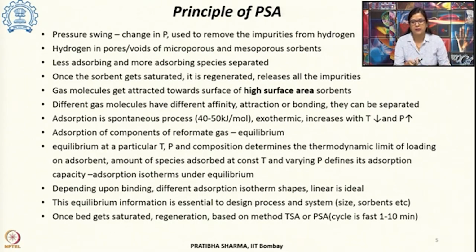So the process involves surface adsorption, that is why the sorbents required should usually have a high surface area. Since different molecules show a different affinity, attraction or binding, they get separated. Some molecules will have a lower adsorption, some a higher adsorption, and in that way we can separate these molecules.